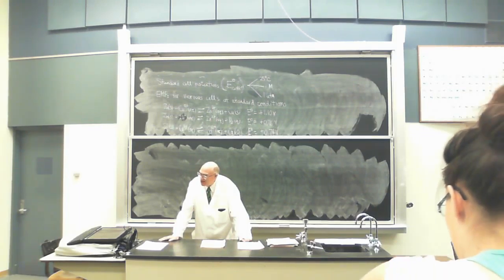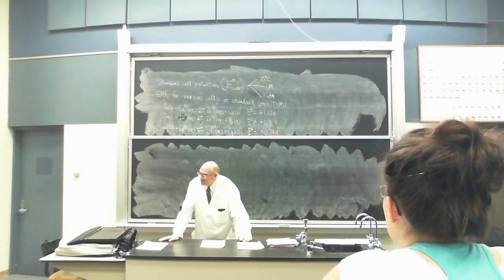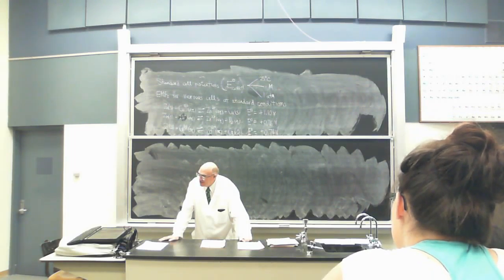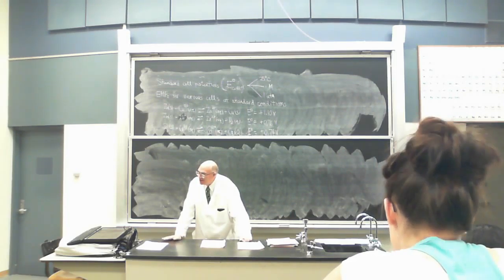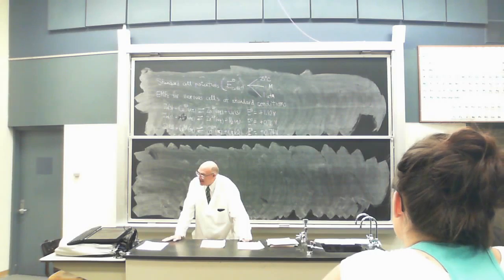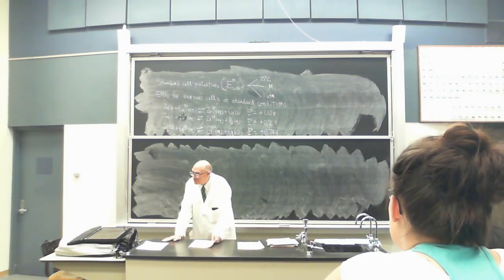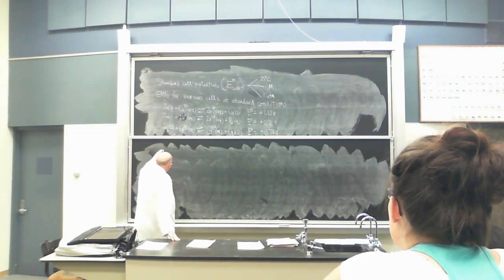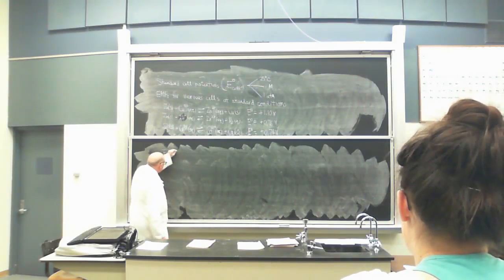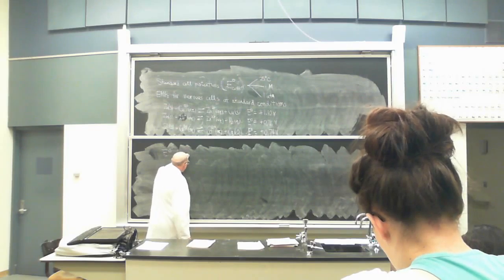Well, we can't measure E0 for a half reaction. If we've only got one electrode, the cell won't work. The only way we can get a working cell is to have two half reactions. So we want to look at the concept of E0 for half reactions.